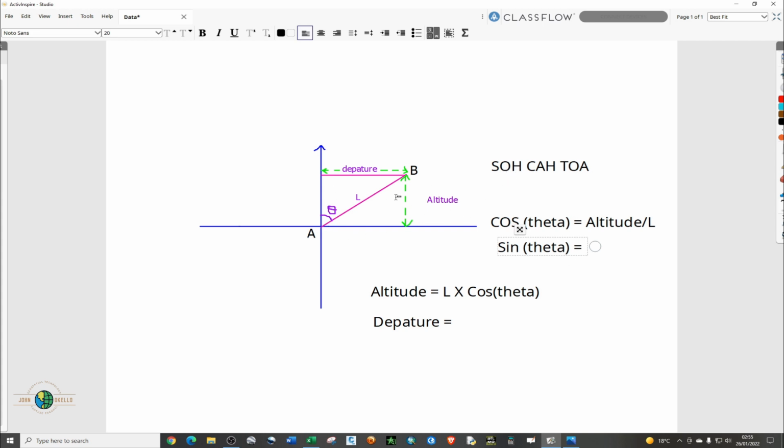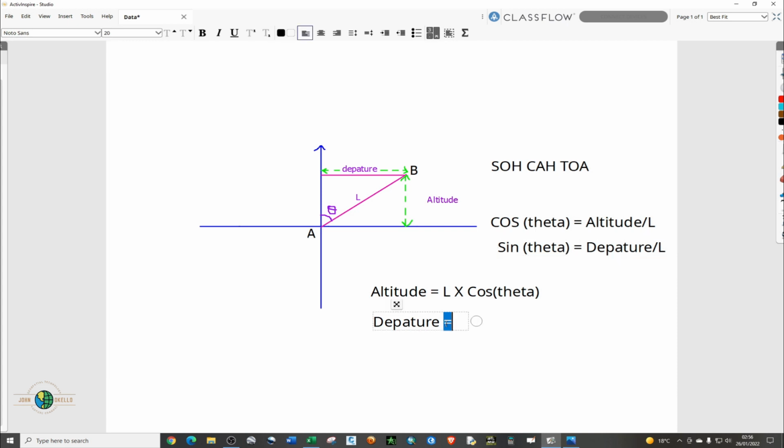So opposite is departure, then you divide that by hypotenuse, which is L. Now, to find the departure, you multiply both sides by L, so that on this side you remain with the departure.